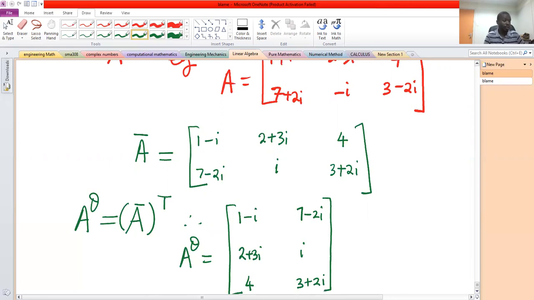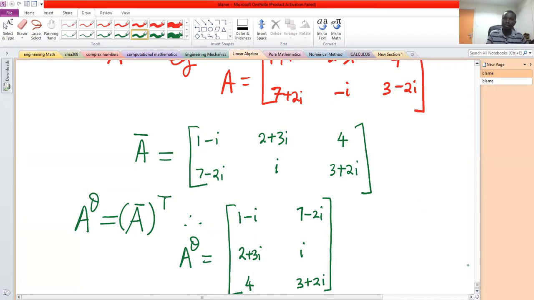That is what we call the matrix A power theta, obtained by finding the transpose of the conjugate matrix.